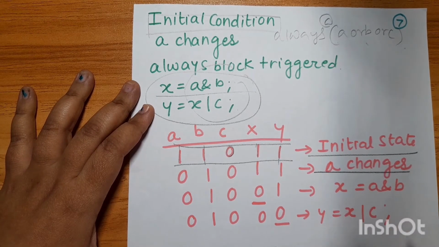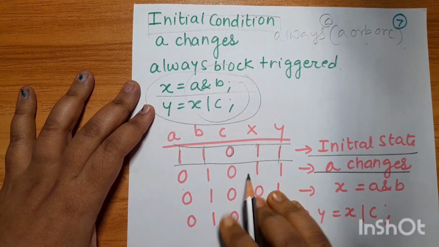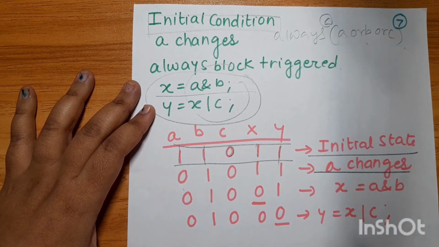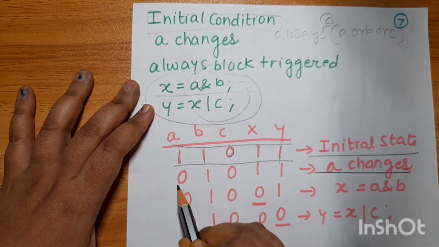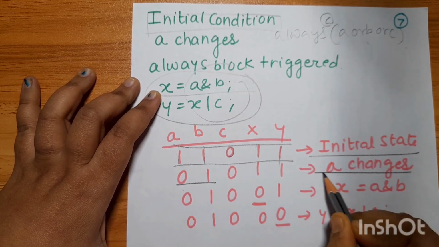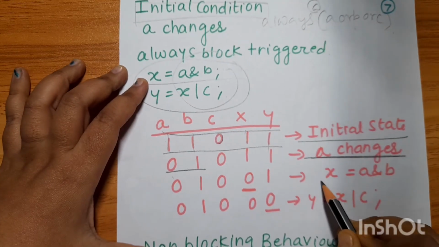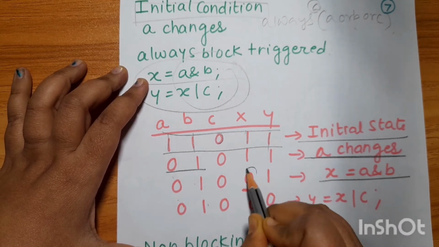Now A changes the value from 1 to 0. We come inside the always block. So A is 0 and B is 1. X is 0. First of all, the change is happening, then X is assigned the value of A and B, 0 and 1, which is 0. X is assigned 0.